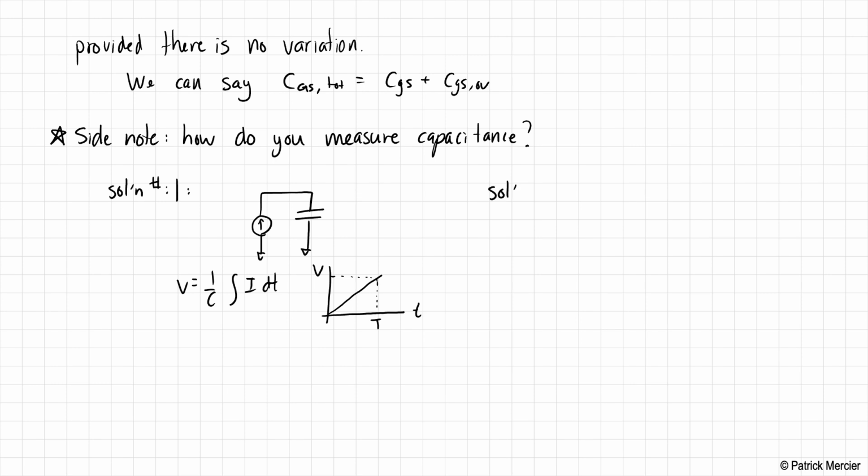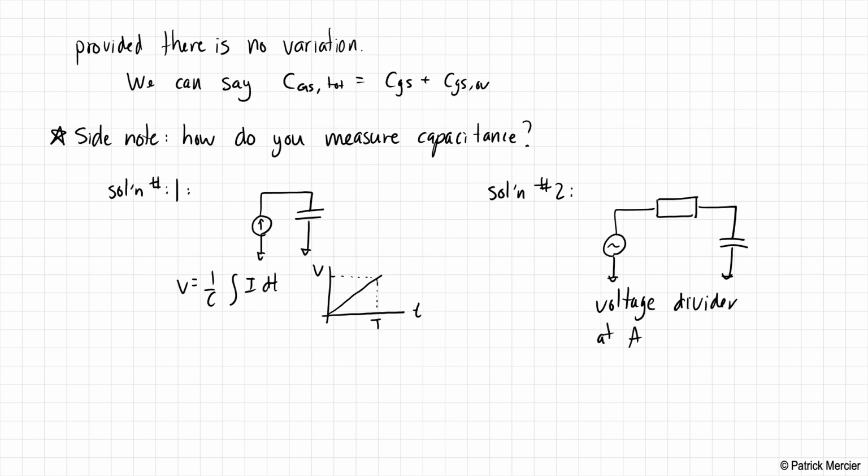Another possible solution, number 2, and again, there's many different ways to do this, is if you can create an AC voltage source, have some known impedance, and then connect that to your capacitor. This creates a voltage divider at AC that you can use to compute the effective capacitance.